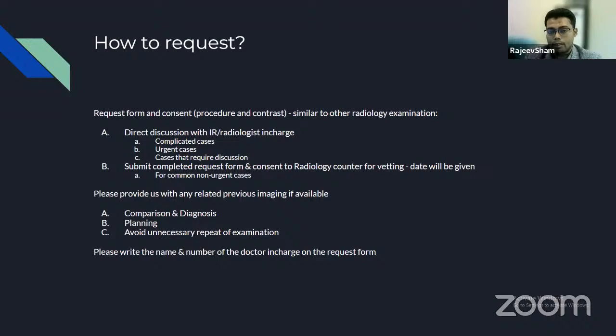So it will be good if you provide us with a CD or film so that we can use it, for example, for comparison and to revise the diagnosis, for planning of the procedures, and sometimes we can even avoid unnecessary repeat of examination. You have to consider the radiation and also the cost to the patient.